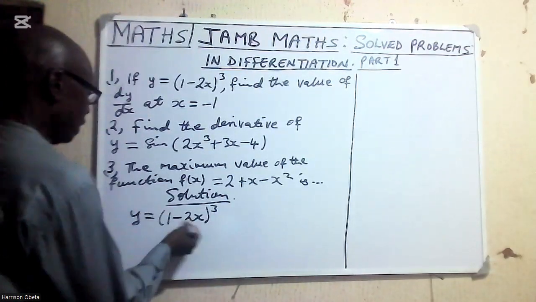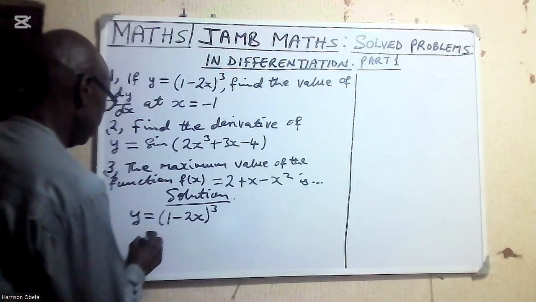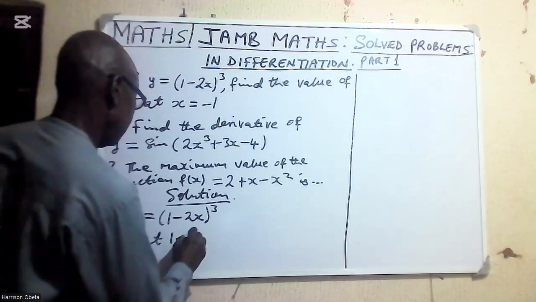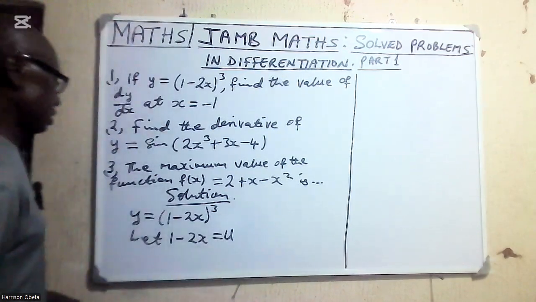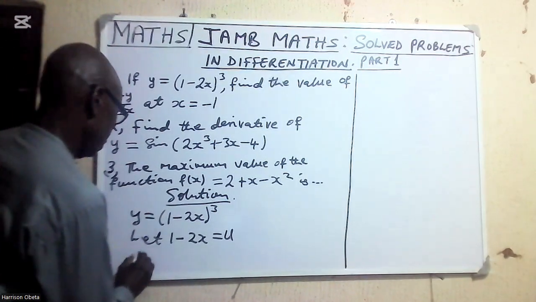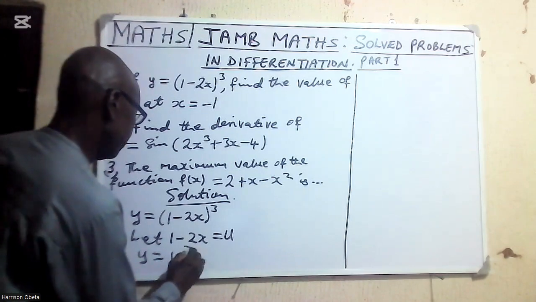And we are going to represent 1 minus 2x by something. That means we start by saying let 1 minus 2x equal to u, for instance. That means that y is equal to u raised to the power 3.